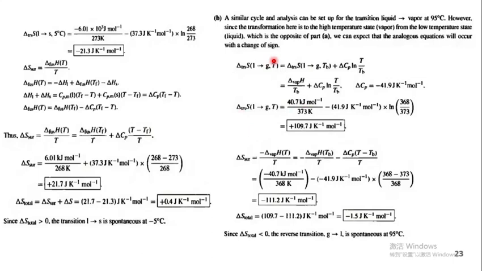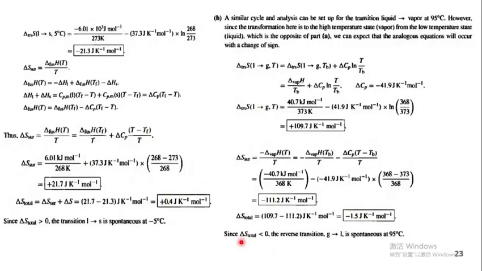The first process is the water from 95 degrees to 100 degrees, and then at 100 degrees, the water changed from the liquid to gas. And then the third process is the temperature decrease process, from 100 to 95 degrees. So we have this one. And then we have delta S total equals to this one.